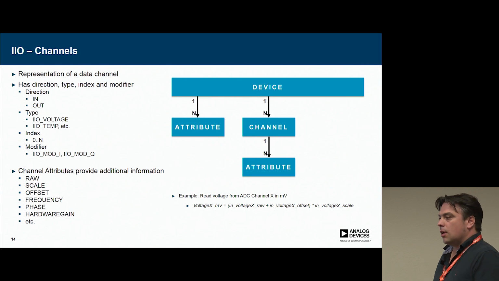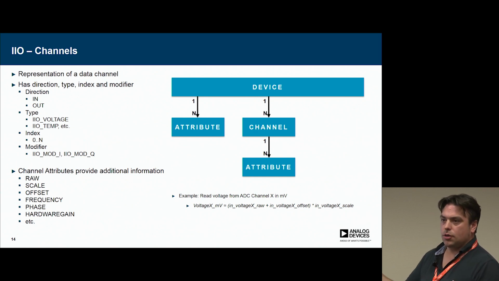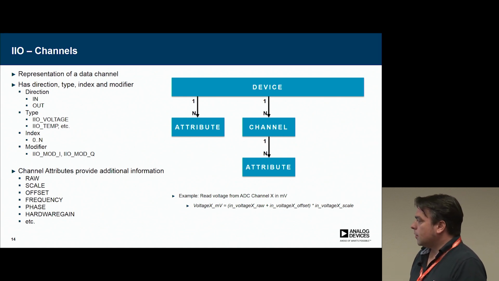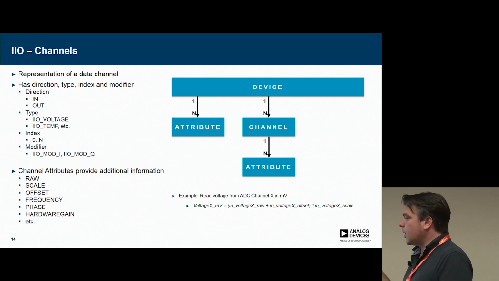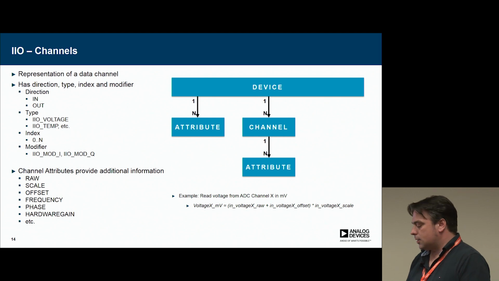For example, acceleration would be measured in X, Y, and Z dimensions. And if you look at IQ data, it would be I and Q modifiers. Also, channels can have attributes for things like a frequency, an offset, a raw value, a hardware gain, stuff like that.